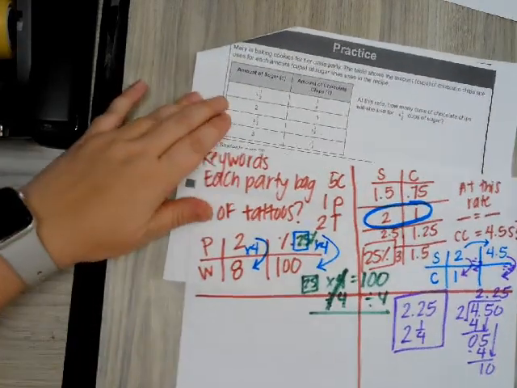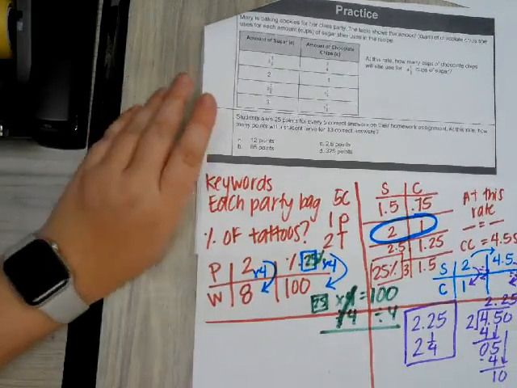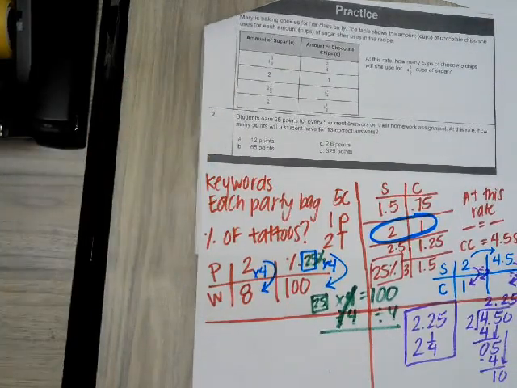Okay, let's do the next one. So again, y'all should be solving and then you're checking your answers here. It says students earn 25 points for every 5 correct answers.